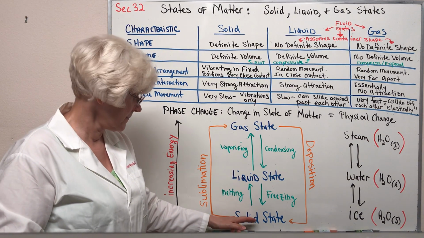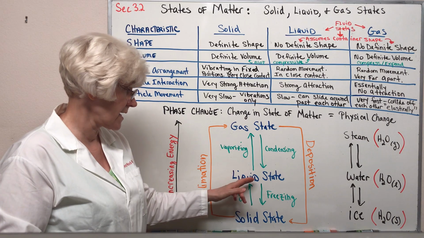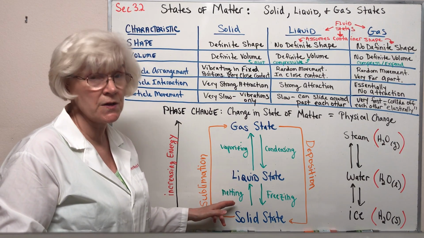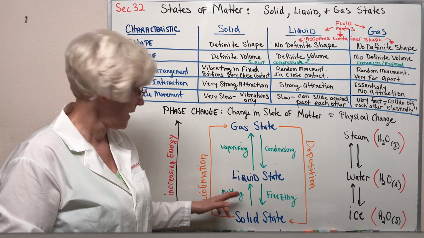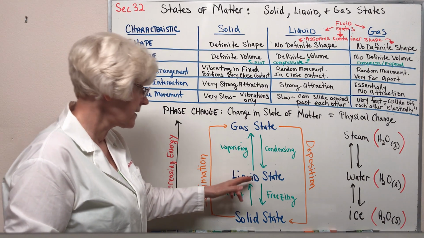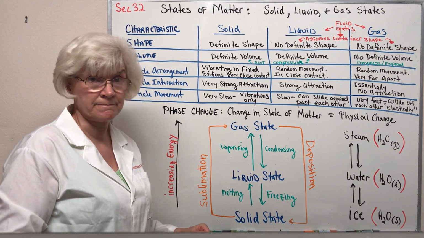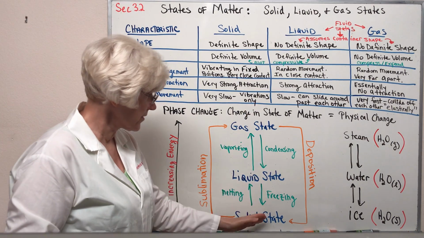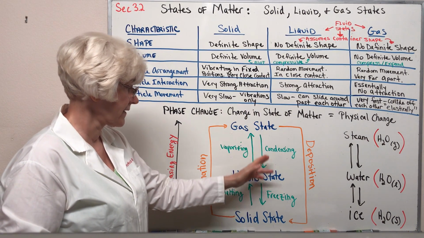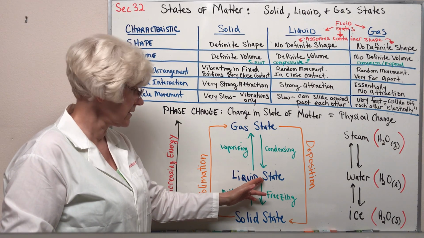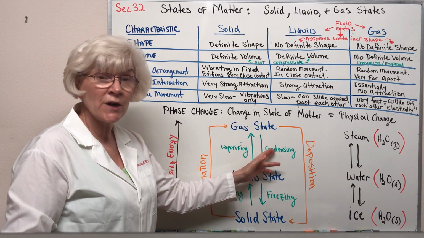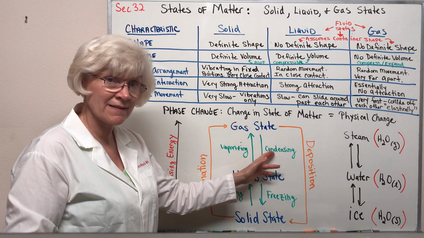No surprise that conversion from the solid state to the liquid state is known as melting. And conversion of a liquid to a gas is called vaporizing. If we go in the reverse direction and take a gas and convert it back into a liquid, we say that we are condensing the gas.